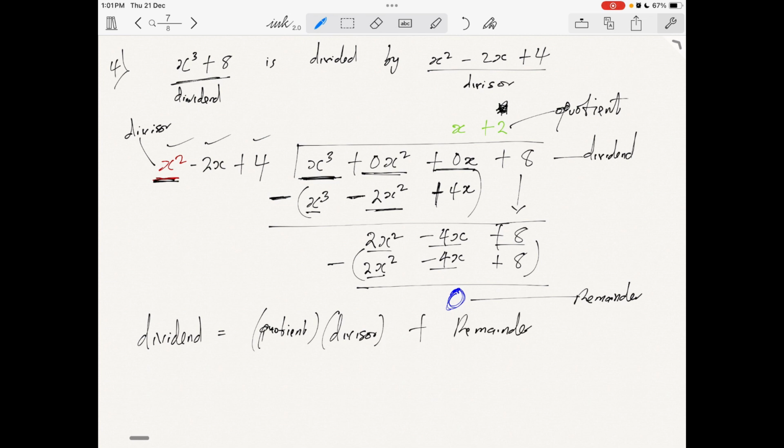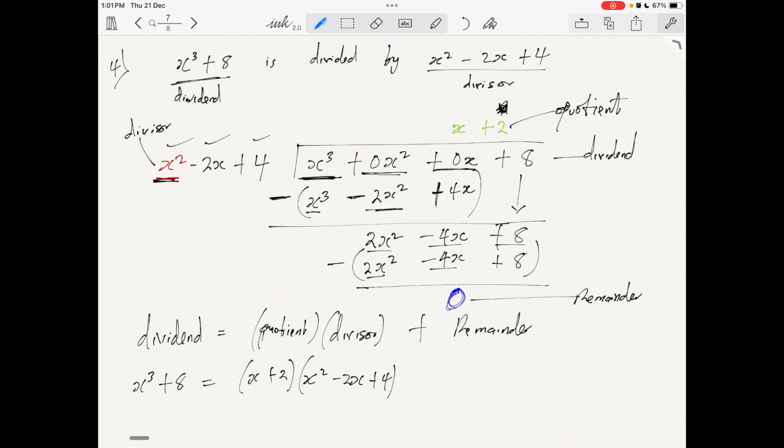And so our dividend, which is x cubed plus 8, is equal to the quotient, which is x plus 2, multiplied by the divisor, which is x squared minus 2x plus 4, and the remainder, which we can write as 0. And it's not needed, so we can remove it since it's 0. Right, so this brings us to the end of division of polynomial.